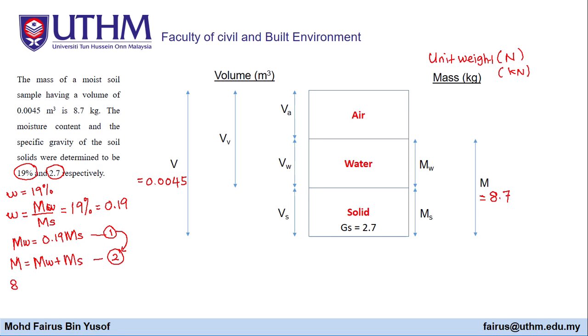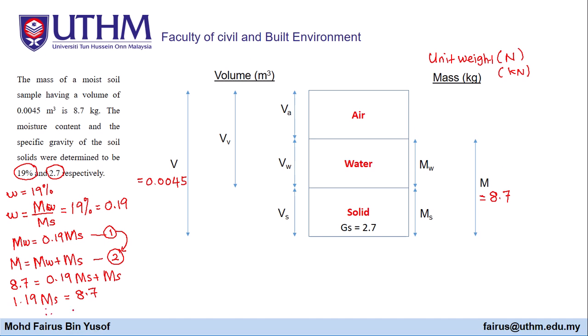So 8.7 equal to, you replace Mw here, so 0.19 Ms plus Ms. Now 0.19 plus 1 equal to 1.19 Ms equal to 8.7.